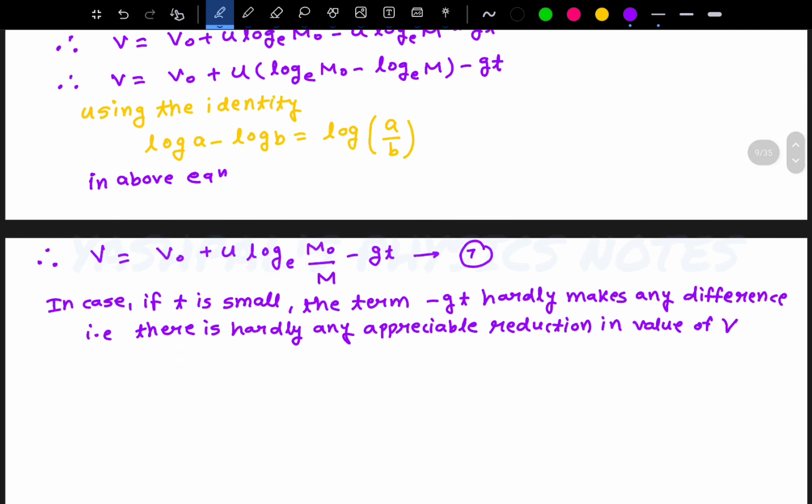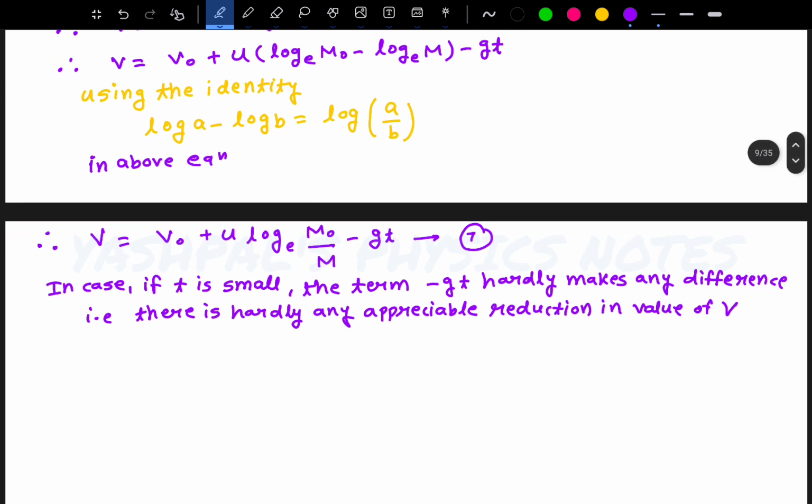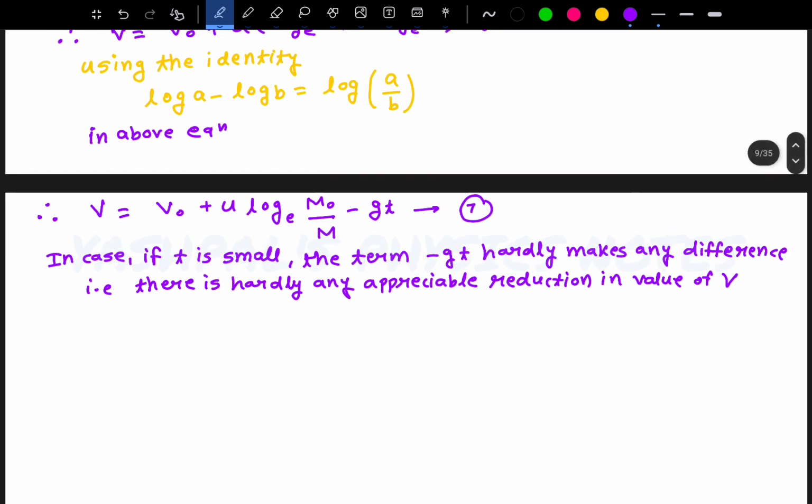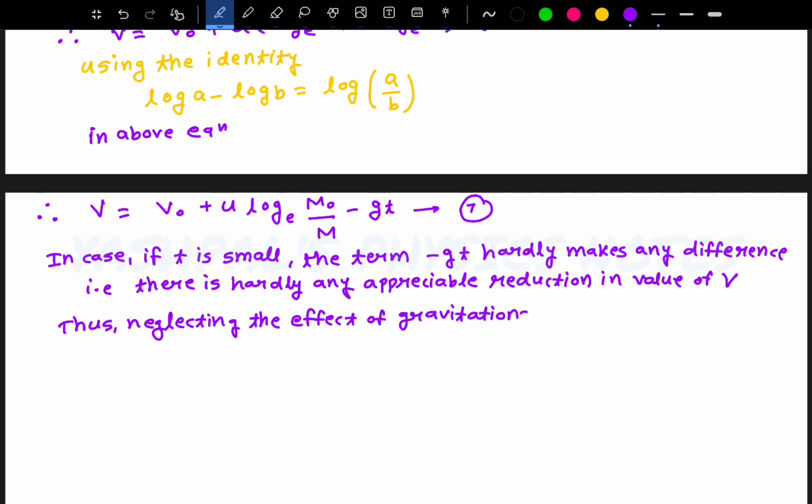So if we neglect this term, that is, if we neglect the minus gt term, our equation will become, thus neglecting the effect of gravitational pull of the rocket.